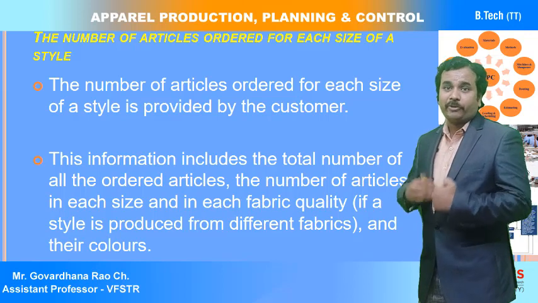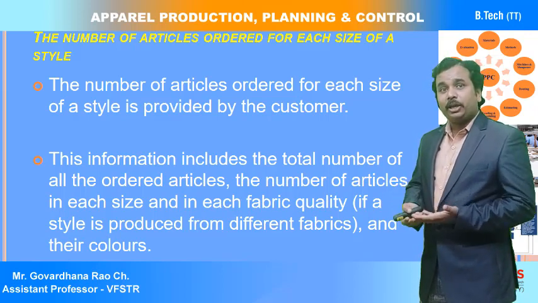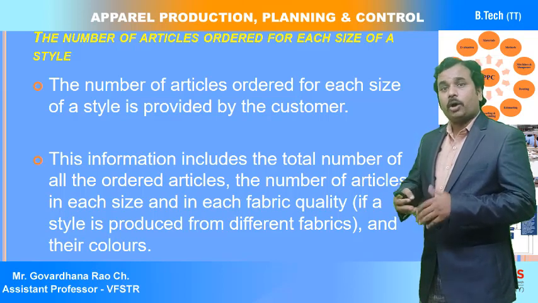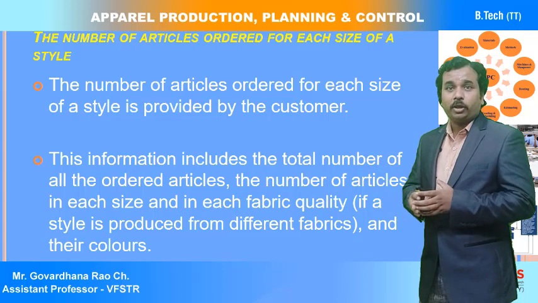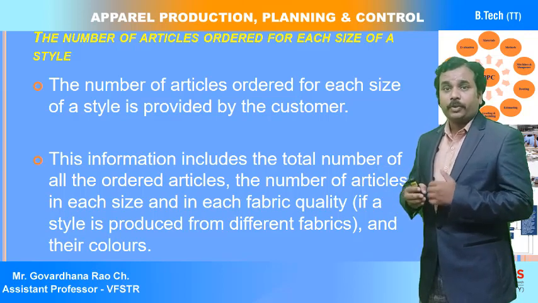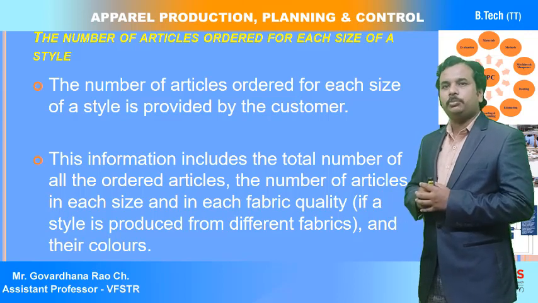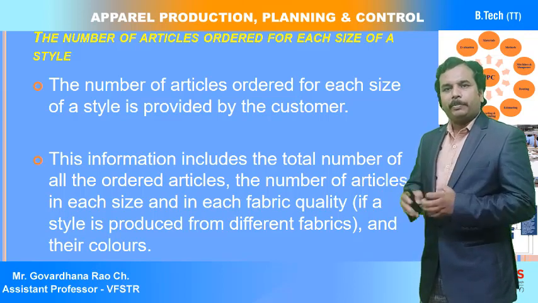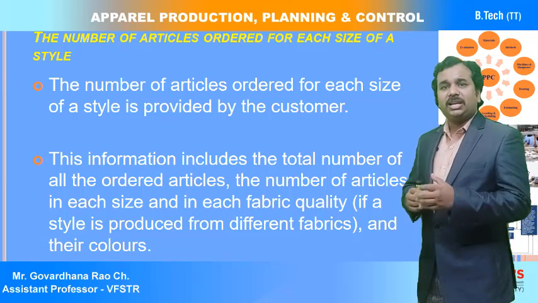For the same garment style, the fabric may be different. Maybe the fabric quality varies, but the style of the garment is the same. In that case, how many garments have to be made with a particular fabric quality is available, along with their colors.